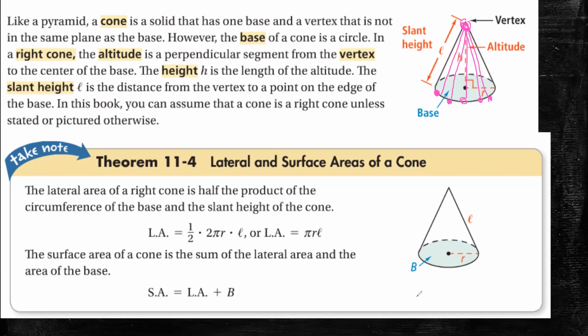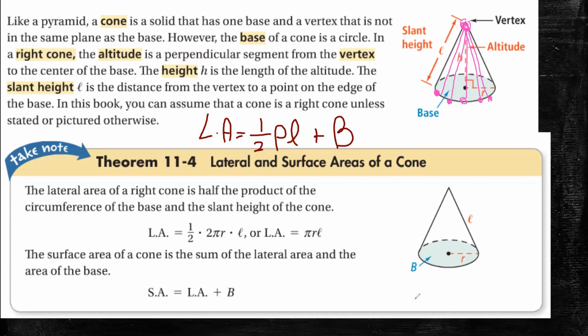Now, let's learn how we can find the lateral and the surface area of the cone. As we said before, the lateral area for the pyramid or for the cone is half the perimeter times the slant height plus one base, because we only have one base, so I need to add the area of the base.